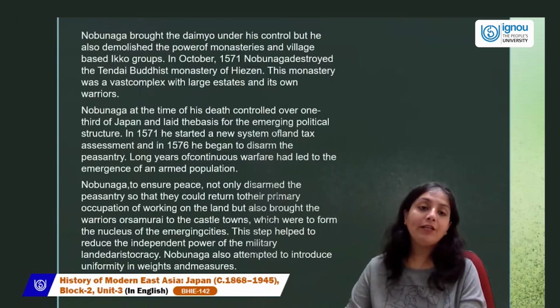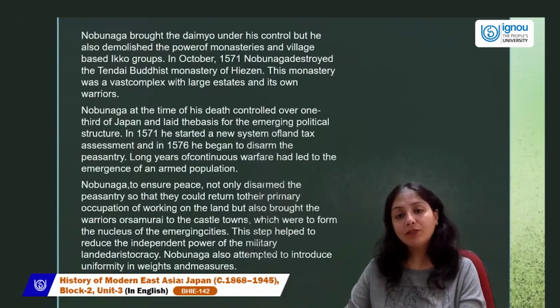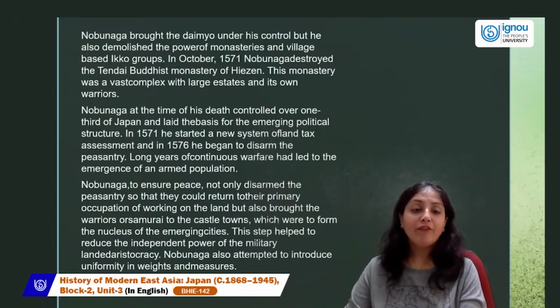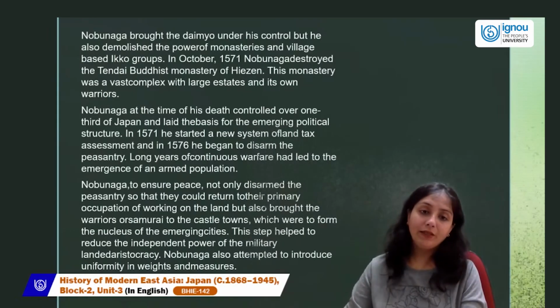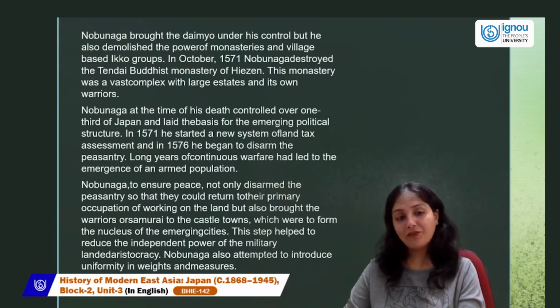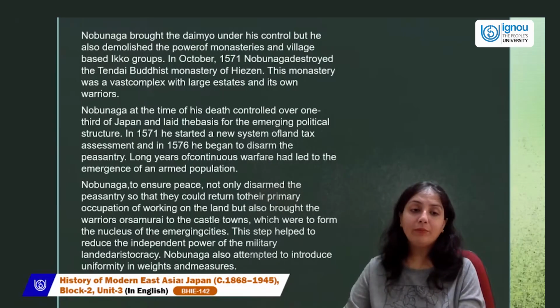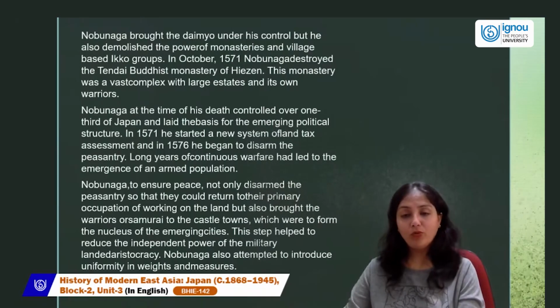In 1571, he started a new system of land tax assessment, and in 1576 he began to disarm the peasantry. Long years of continuous warfare had led to the emergence of an armed population.